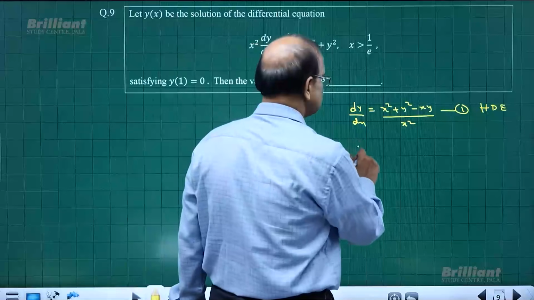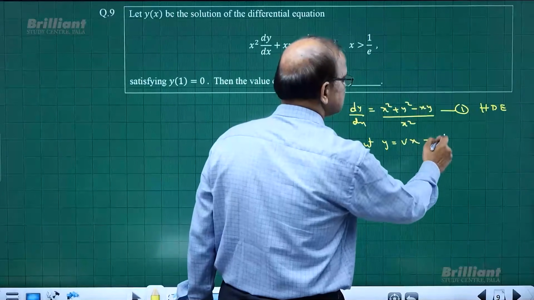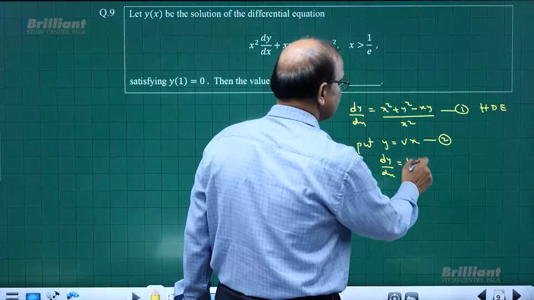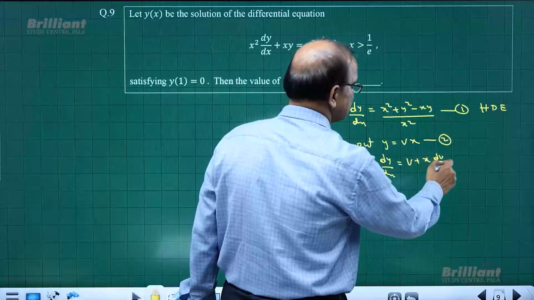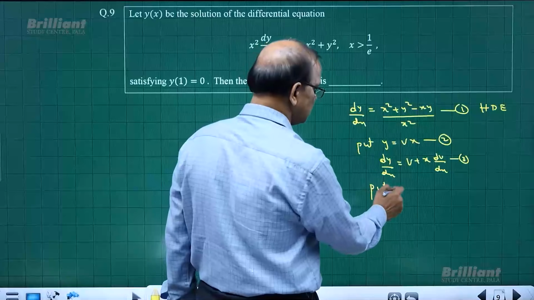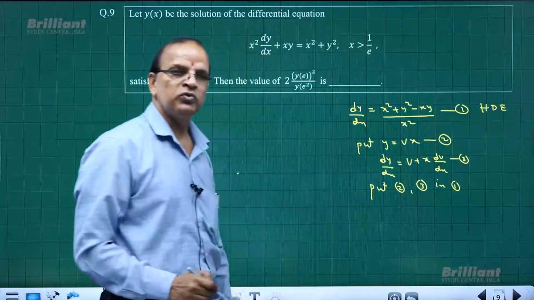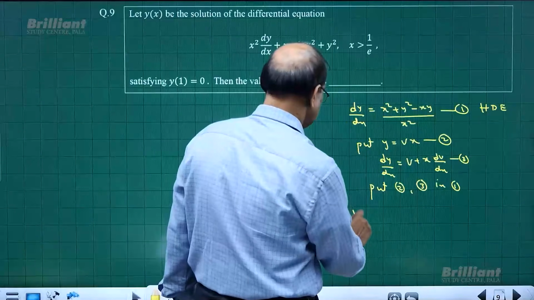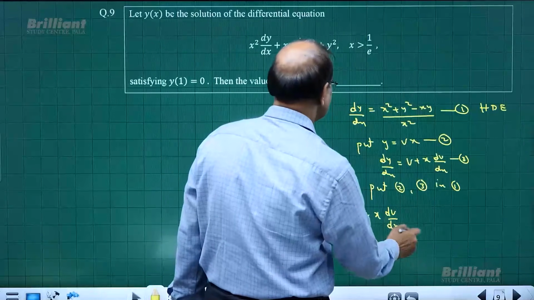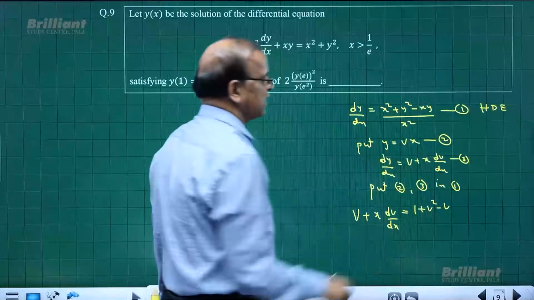So put y equal to vx, right? Therefore dy by dx is equal to v plus x dv by dx. So put 2 and 3 in 1. So therefore v plus x dv by dx is equal to 1 plus v square minus v, because x square cancels.